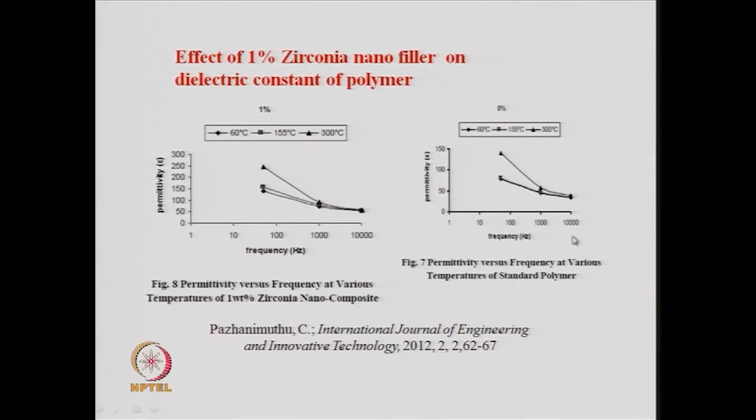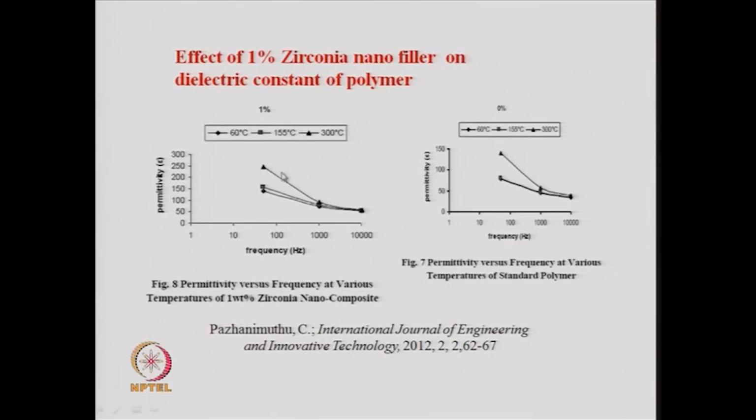frequency. So, certainly there is a difference: when it is 0%, the value of the dielectric constant or the permittivity here is less than 150, whereas in this case the values are nearly close to 250 in some case and around 150 in another case. Here the values range from say 80 to 140, 145.